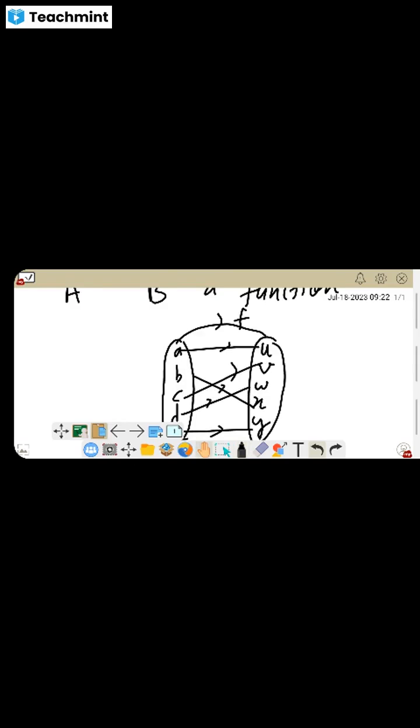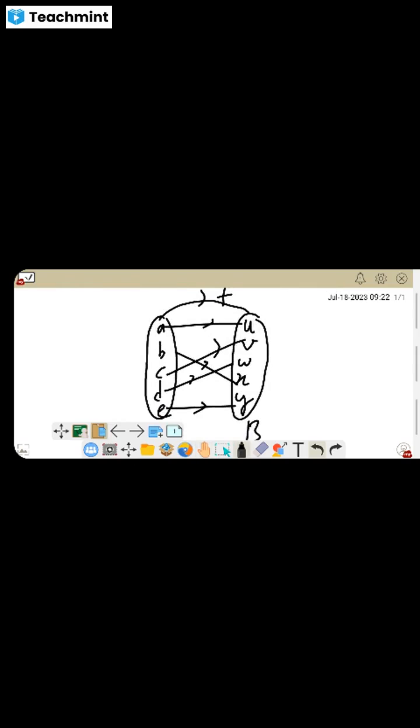Does this follow each and every rule of a function? And let us understand image.